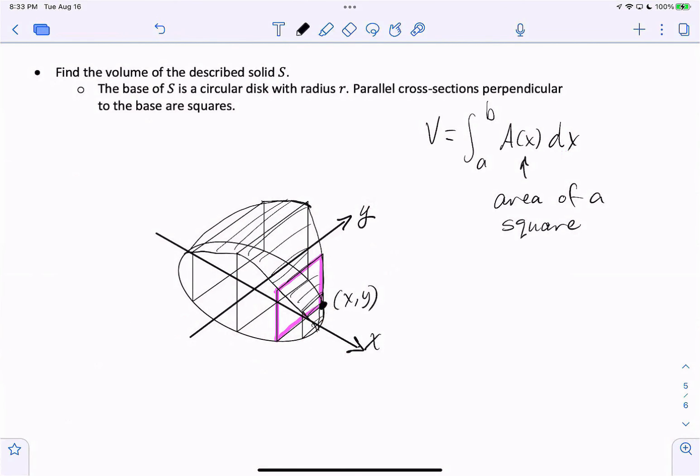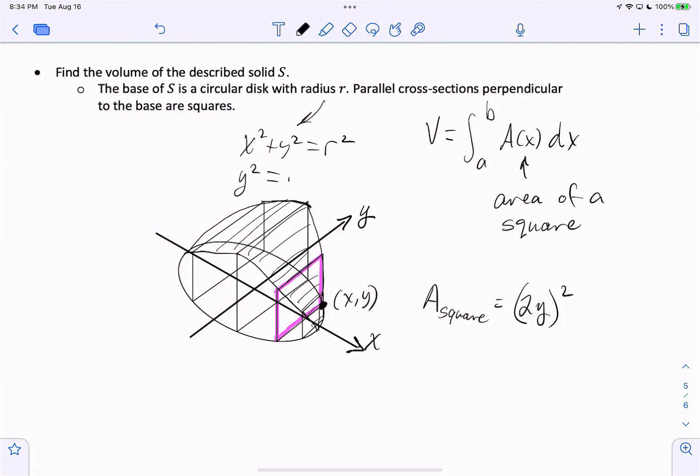So the area of, I said a rectangle, but it's a square, is going to be (2y) squared. It's a square, so this is 2y by 2y. This is single variable calculus, so I can't put a y squared into an integral with respect to x. But this disk is circular with radius r, and so it has an equation, x squared plus y squared equals r squared, which means that y squared is equal to r squared minus x squared.